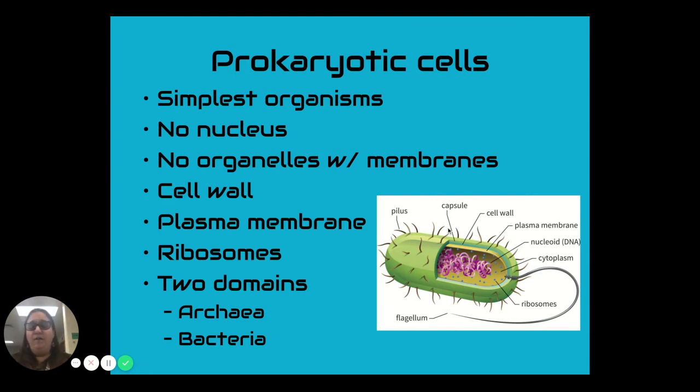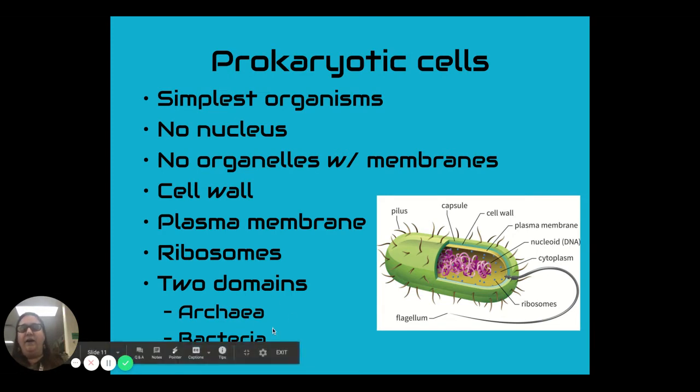They do, however, have a cell wall that surrounds their cell membrane as a help for structural support. They also have, like I said, ribosomes for making proteins, and they're broken down into 2 groups: the archaea, which are the extreme bacteria, the ones that live in crazy environments like super salty or super hot, things like that.